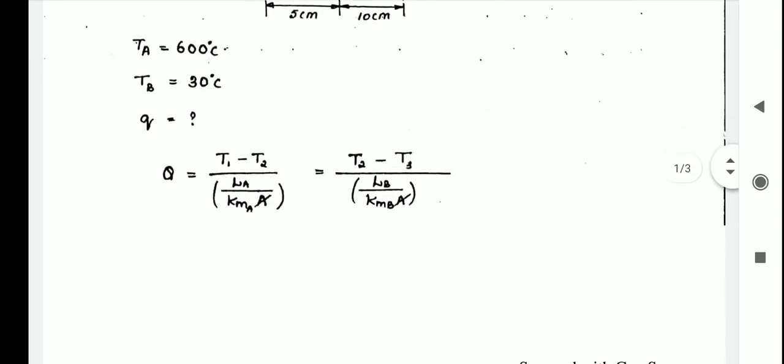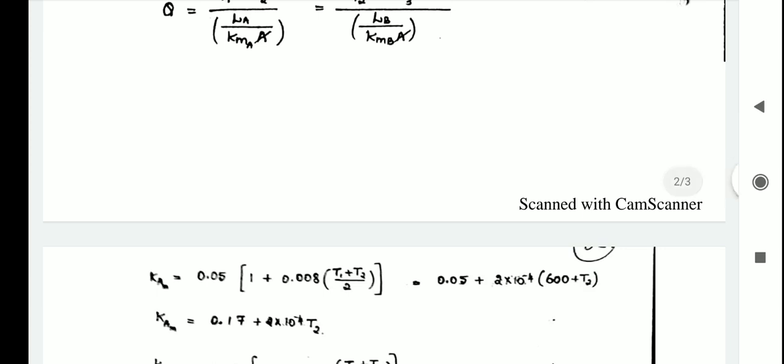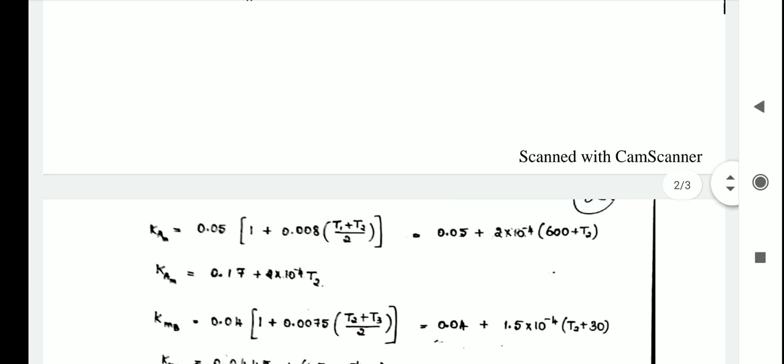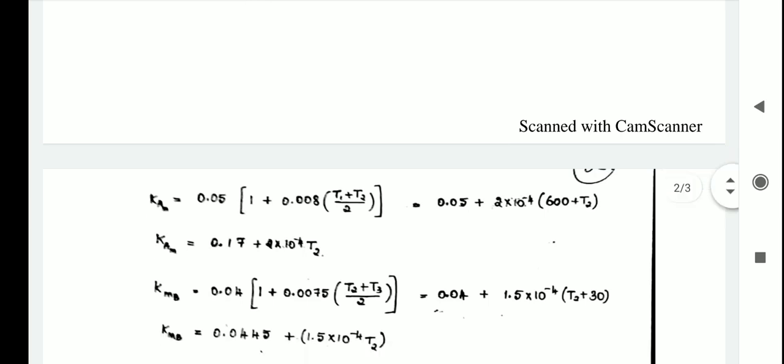So Ka is equal to 0.05 in the bracket 1 plus 0.008 in the bracket average of two temperatures, that is T1 plus T2 divided by 2, which is equal to 0.05 plus 2 into 10 raised to minus 4 in the bracket 600 plus T2. So Ka is equal to 0.17 plus 2 into 10 raised to minus 4 T2.